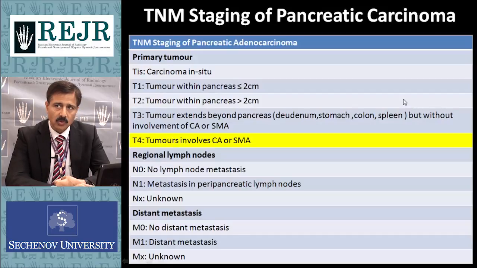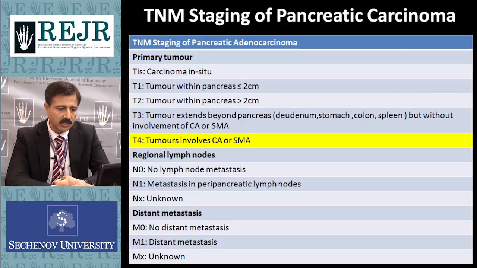Right. So the role of the radiologist in management of pancreatic carcinoma is not just for diagnosis. Our important role is to guide our surgical colleagues about the management. Is the patient a candidate for surgery or not? For that, we have to learn the basic concepts about pancreatic carcinoma.